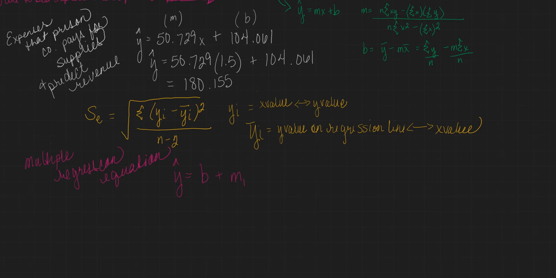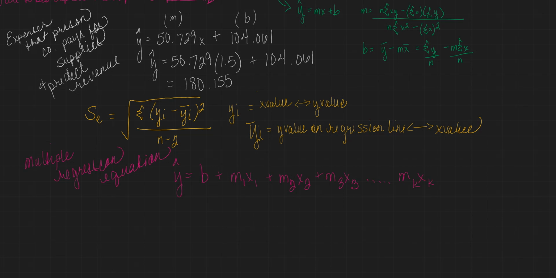So it's going to be m1 x1 plus m2 x2, and we can go on like that forever. m3 x3, and we'll just do it all the way to m k x k.